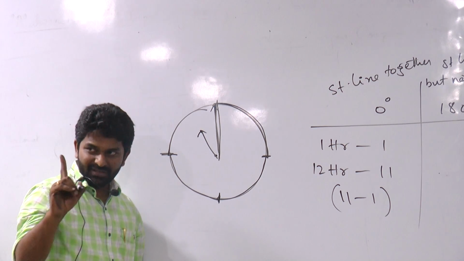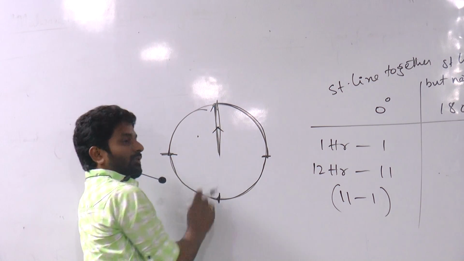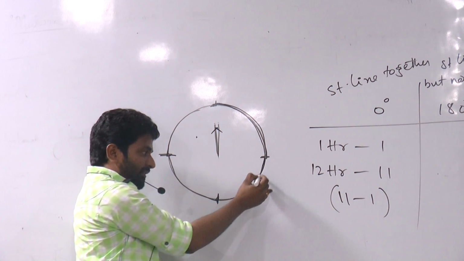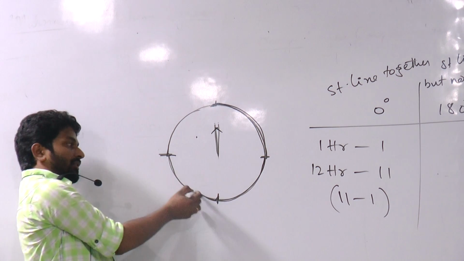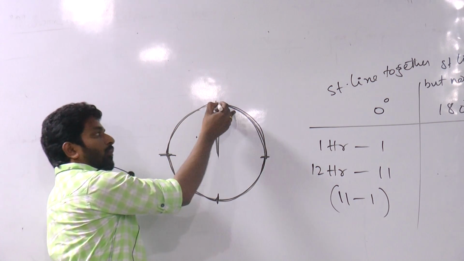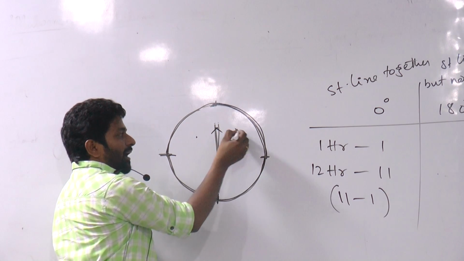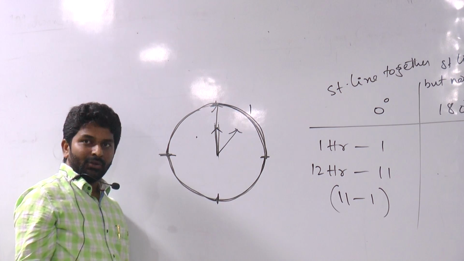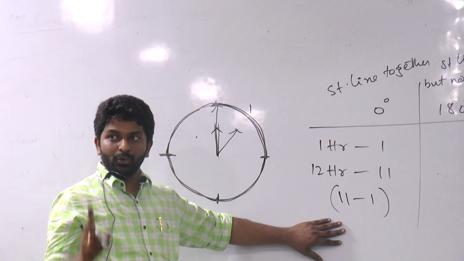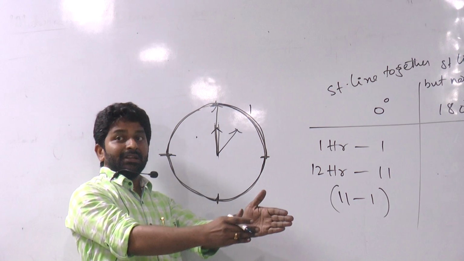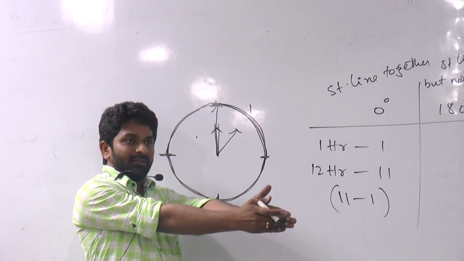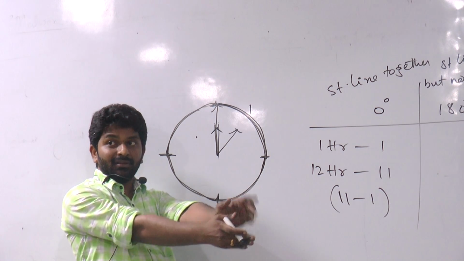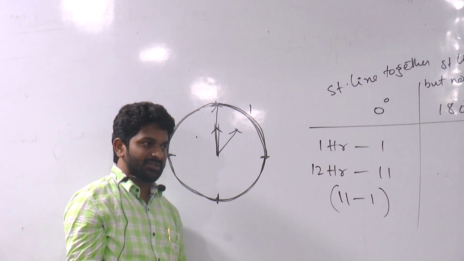First time. What is time now? 12 o'clock. Let's start. 12:15. 12:30. 12:45. 1 o'clock. By that time, the hours hand will be at this position and the minutes hand will be here. So between 11 to 1, how many hours do we have? 2 hours. But how many times did our minutes and hours hands meet? Only one time. One time missing here at this place.